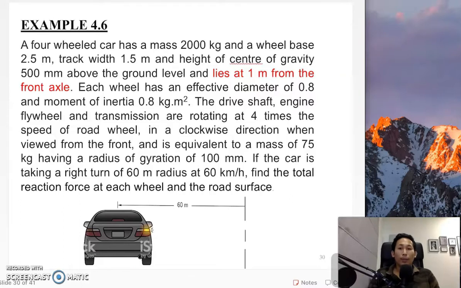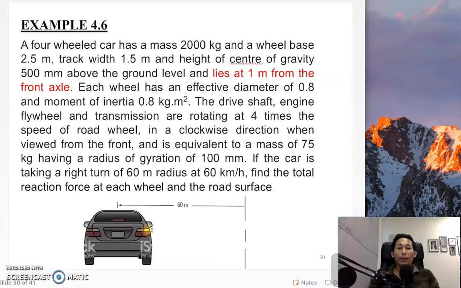So I will continue to discuss example 4.6. As we look in the slides, a four-wheel car has a mass 2000 kg, a wheelbase 2.5 meter, track width 1.5 meter, and height of center of gravity 500 millimeter above the ground.